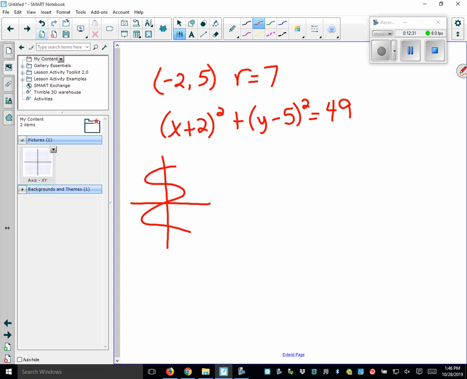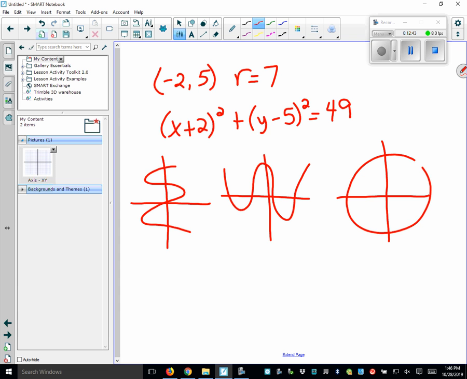What about something that looks like this? Is that a function? Yes. What about this? No. So you understand the imaginary vertical line, whether it's a function or not a function? Yep. Okay? Moving right along.